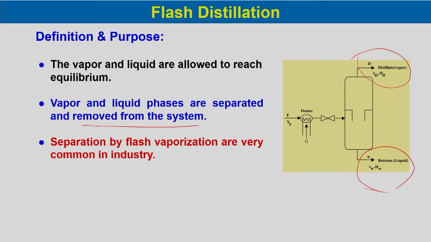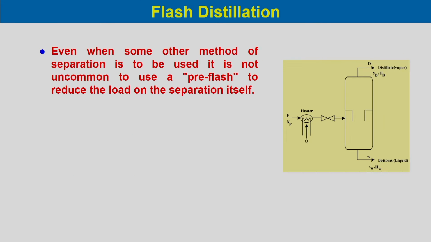Separation by flash vaporization is very common in industry. For example, in petroleum refining it is extensively used. Even when some other method of separation is to be used, it is not uncommon to use a pre-flash to reduce the load of the separation itself.